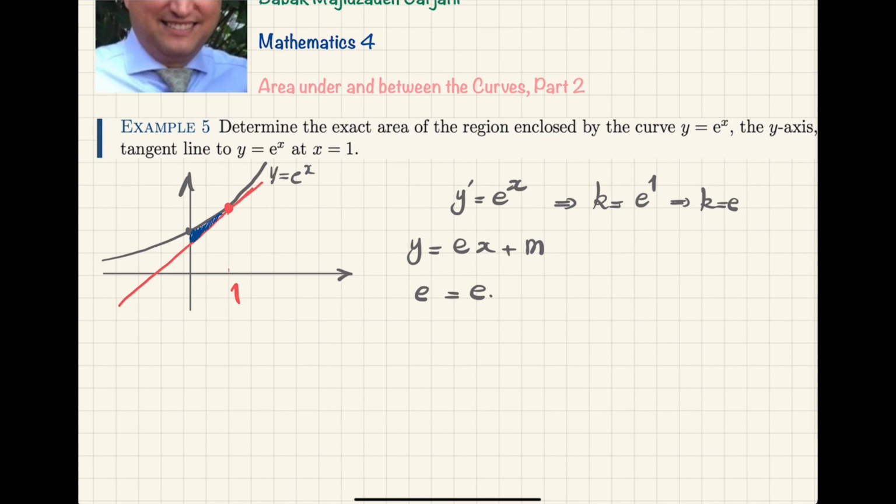Oh, so that's a very bad picture of mine, okay? The tangent should pass through the origin, so that's a very terrible picture. But you see, even though this picture is totally wrong, it will not affect my solution, so I really don't need to spend time on it. But anyway, it is probably better to find the tangent line first. So you see that the y-intercept is actually equal to 0. Now I realize that my picture is actually awful. So the tangent line equation is y equals e x.